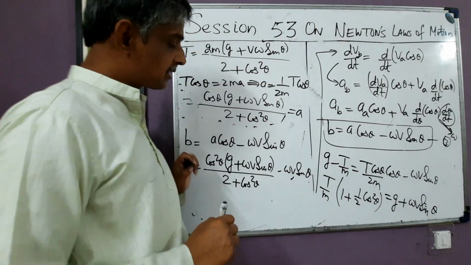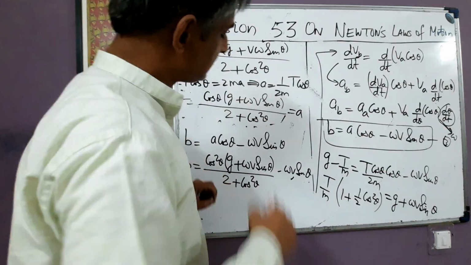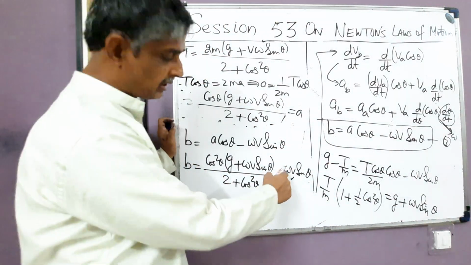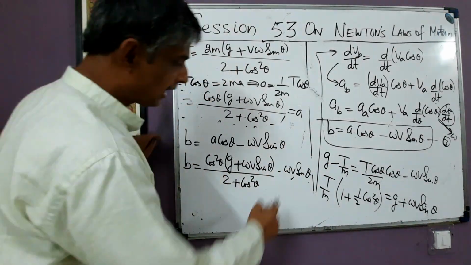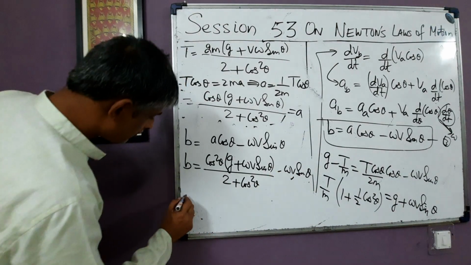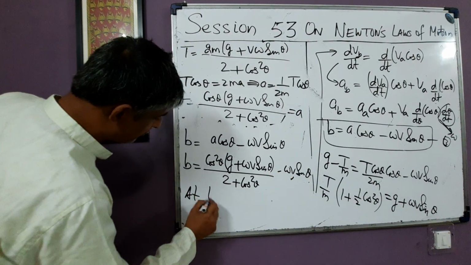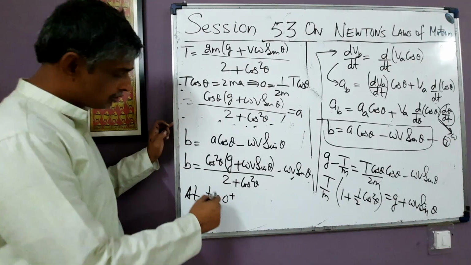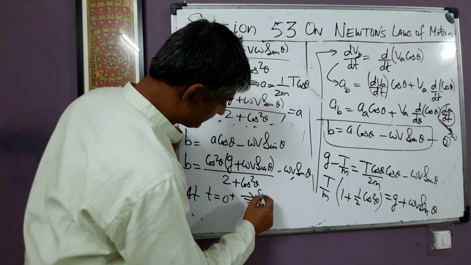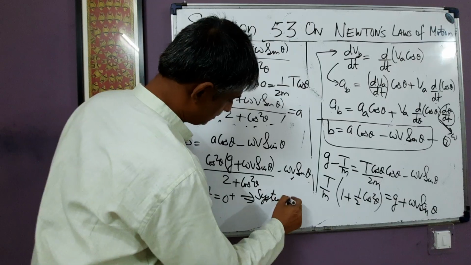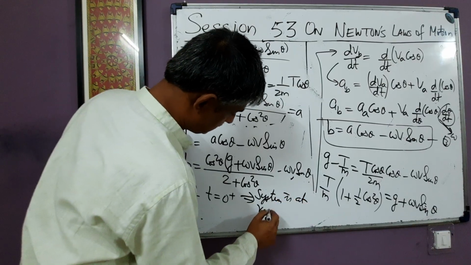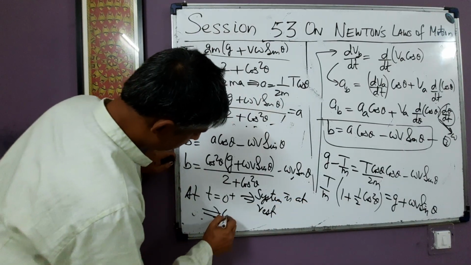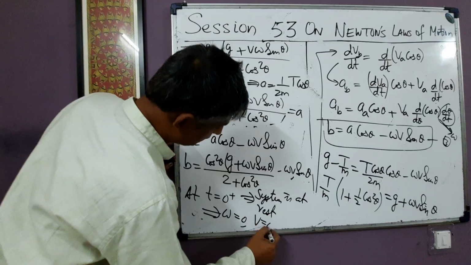At initial instant, system was released from rest. So just after that instant, system was at rest. So omega becomes 0, d theta by dt is 0, and v is also 0 initially. At t equal to 0 plus, system was at rest, meaning omega is 0 and v is also 0.